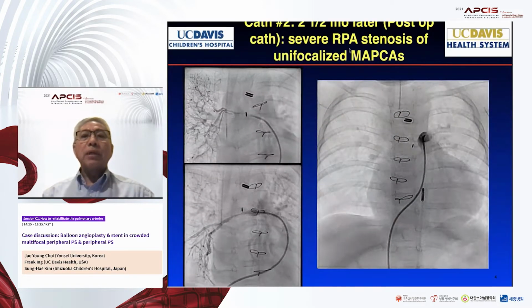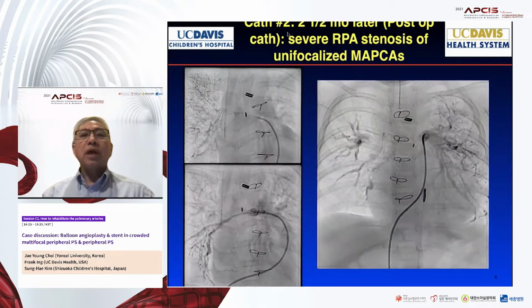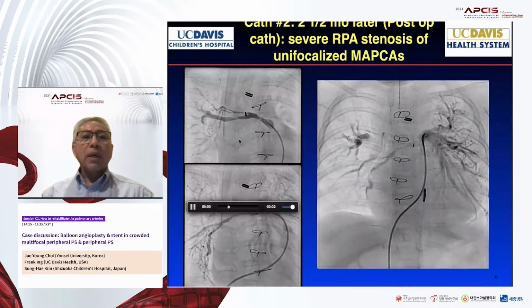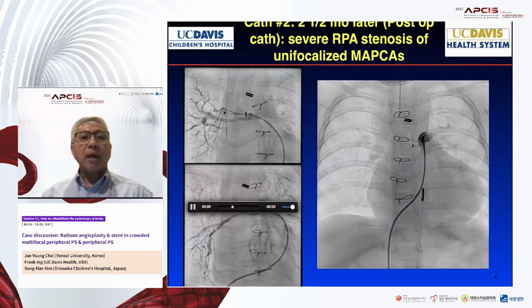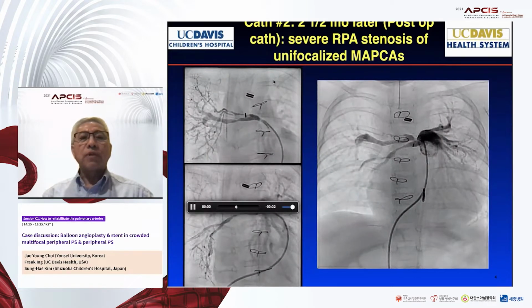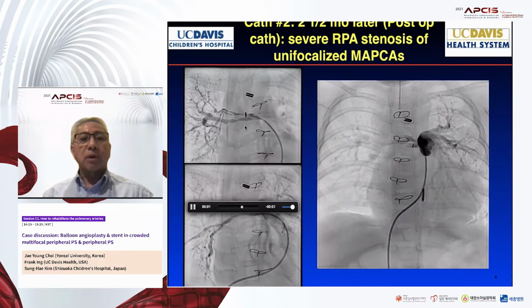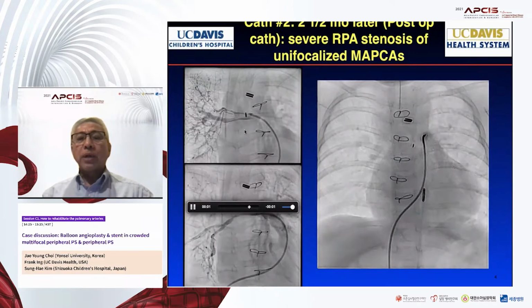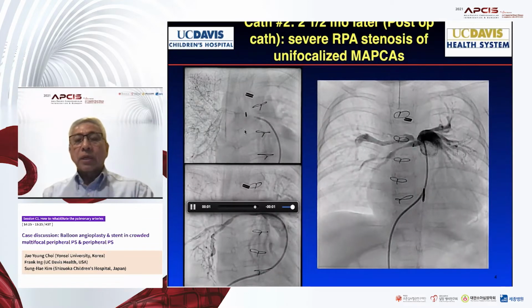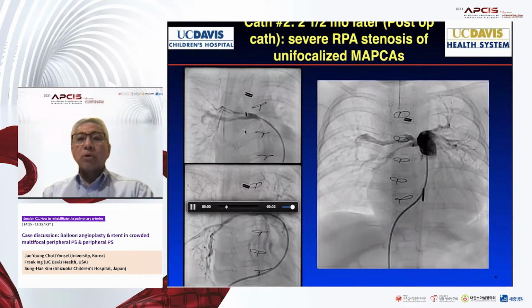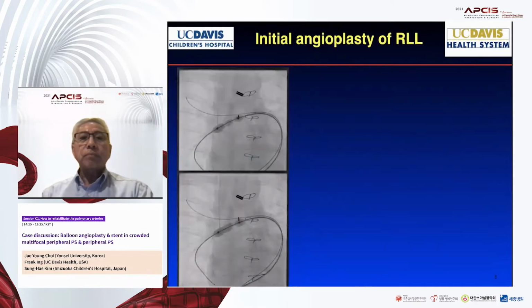Now at that point in time, this is 2.5 months later, I bring the kid back to the cath lab, knowing that a lot of times you can have continuous stenosis of the vessels. These are collaterals, remember. Look how tiny these vessels are. And you can see that at this point in time, all the collaterals are connected to the MPA, but there's severe multi-vessel disease, mostly involving the right lung.